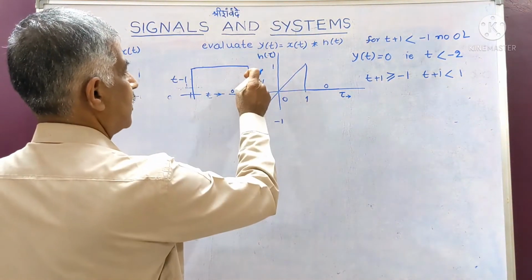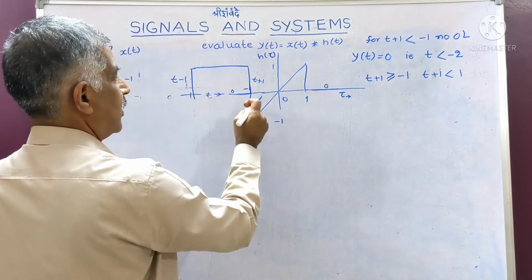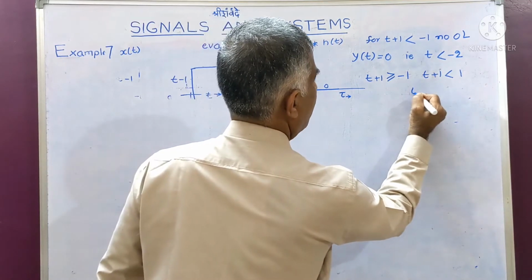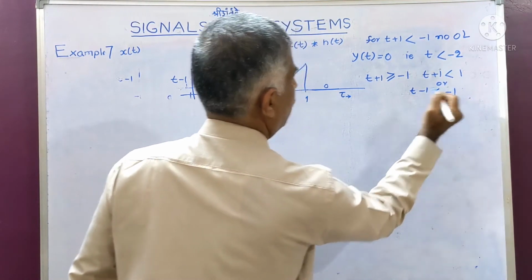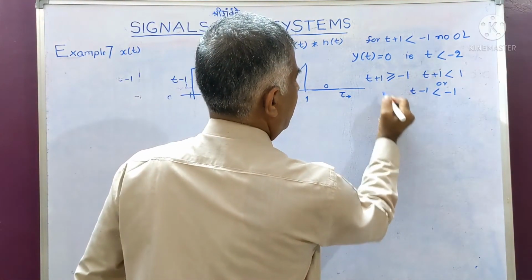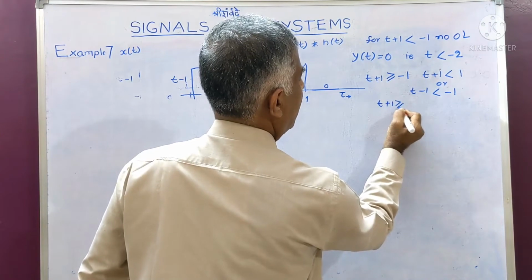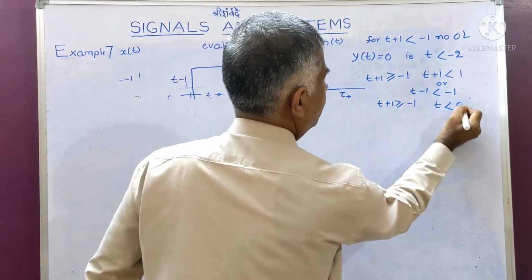And by the time this comes here, this edge will occupy here, that is t minus 1 less than minus 1. One and the same, that is t plus 1 greater than or equal to minus 1, or t less than 0.